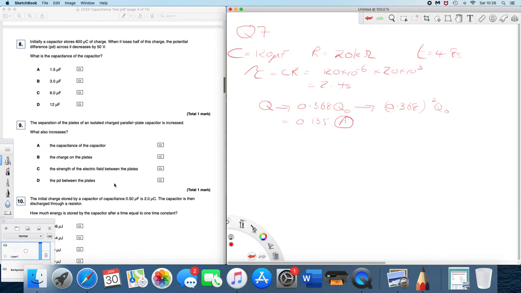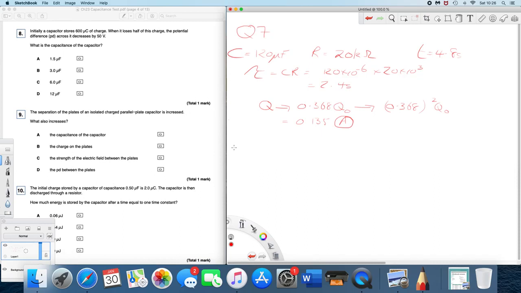Question 8. Initially a capacitor stores 600 microcoulombs of charge. When it loses half of this charge, the potential difference across it decreases by 50 volts.